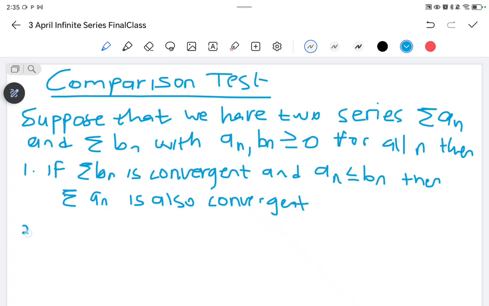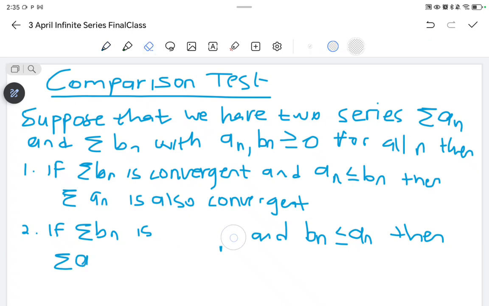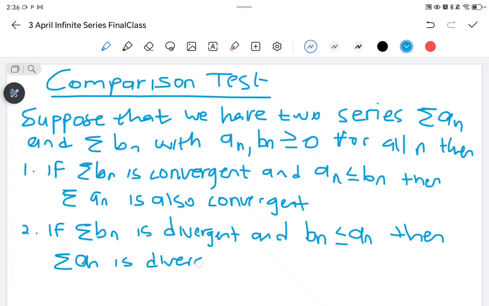Then the second one: if the summation of B of n is divergent, and now A of n is the one that is bigger than B of n, then the summation of A of n is also divergent. You see, right?